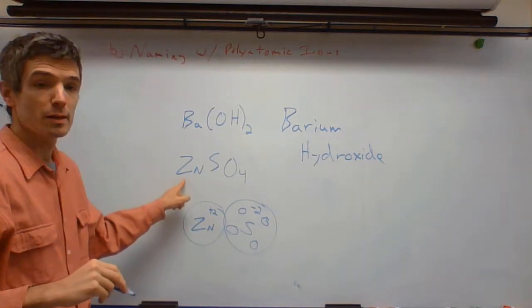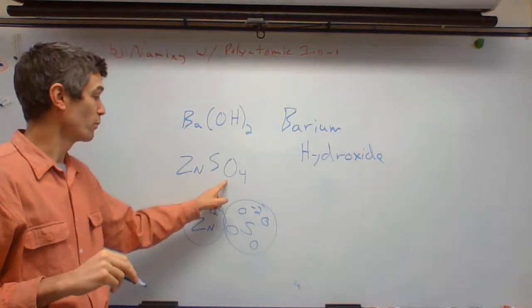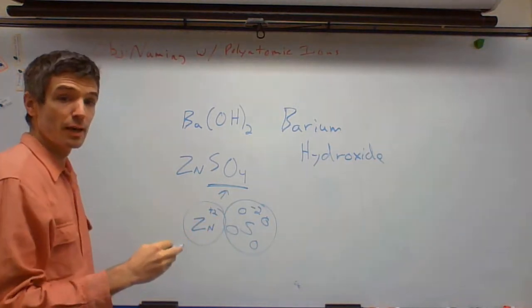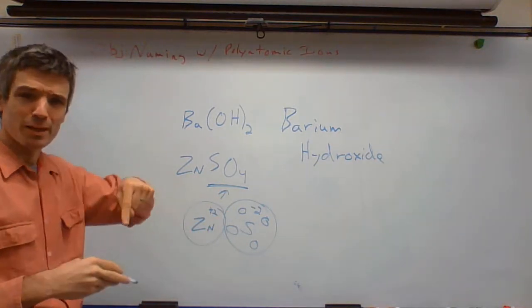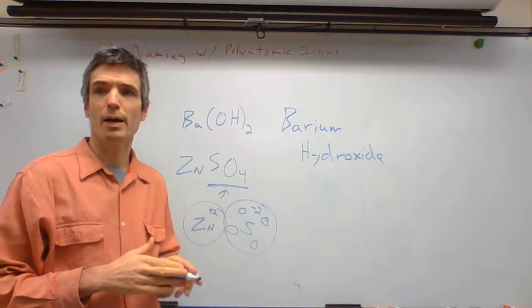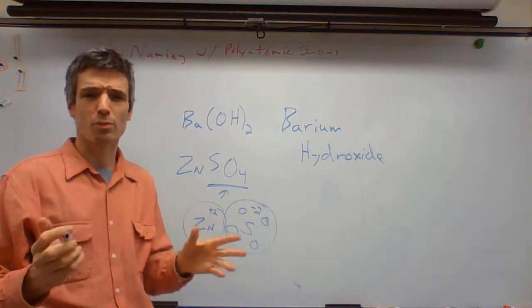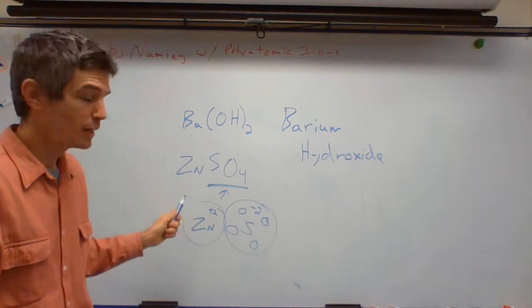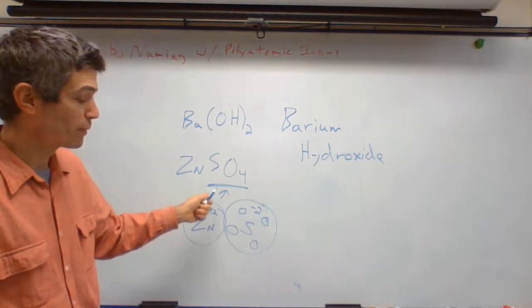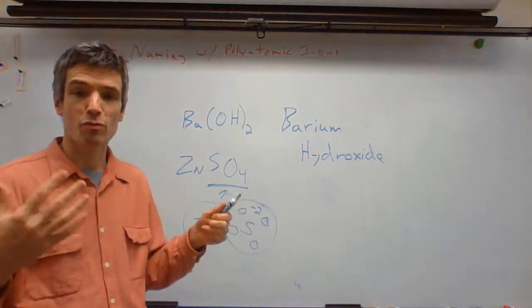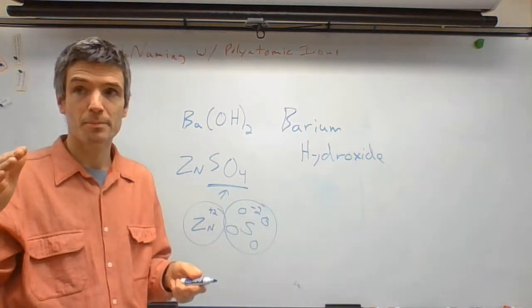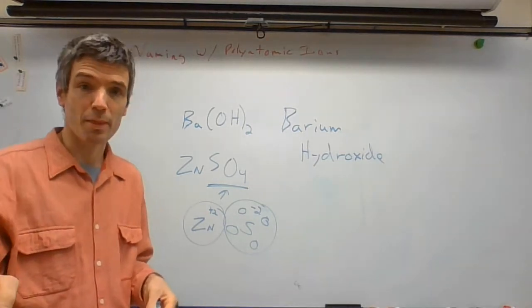Now, Zn, SO4. This is my polyatomic ion, that's sulfate. Zinc is right in the middle. I think it's group 12, element 30. Zinc is a transition metal, so its charge may vary. I have to go by the anion.